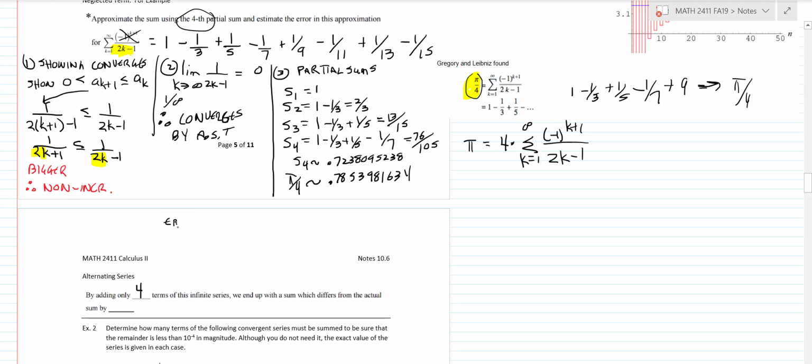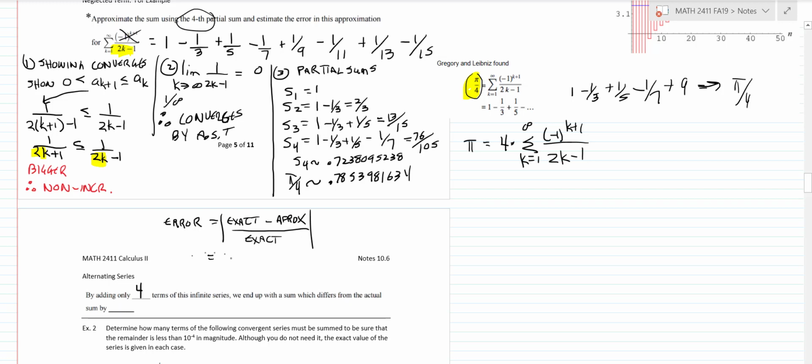The error in approximation, which we've talked about before, you always just take the exact answer, which we know is pi over 4, minus the approximation which we got, all over the exact. And then that would be telling you basically how accurate this is.